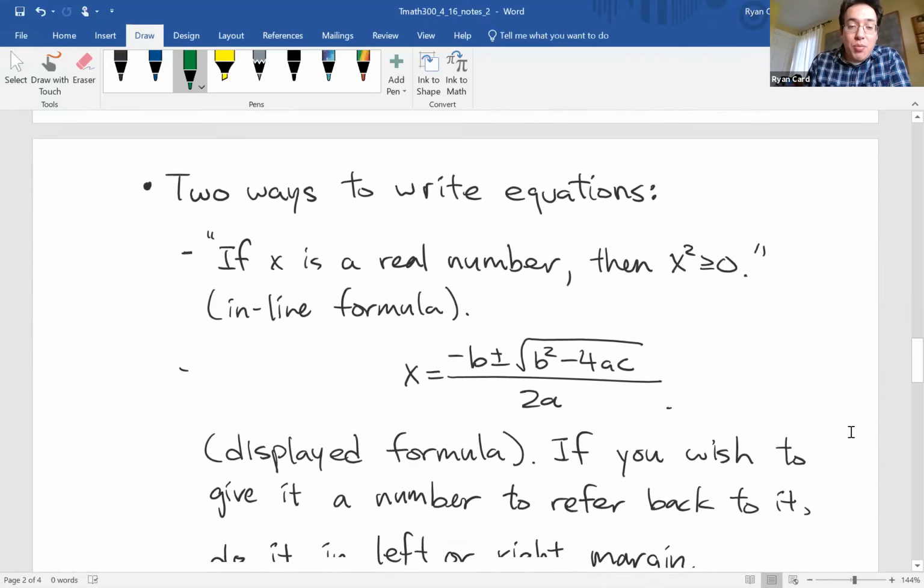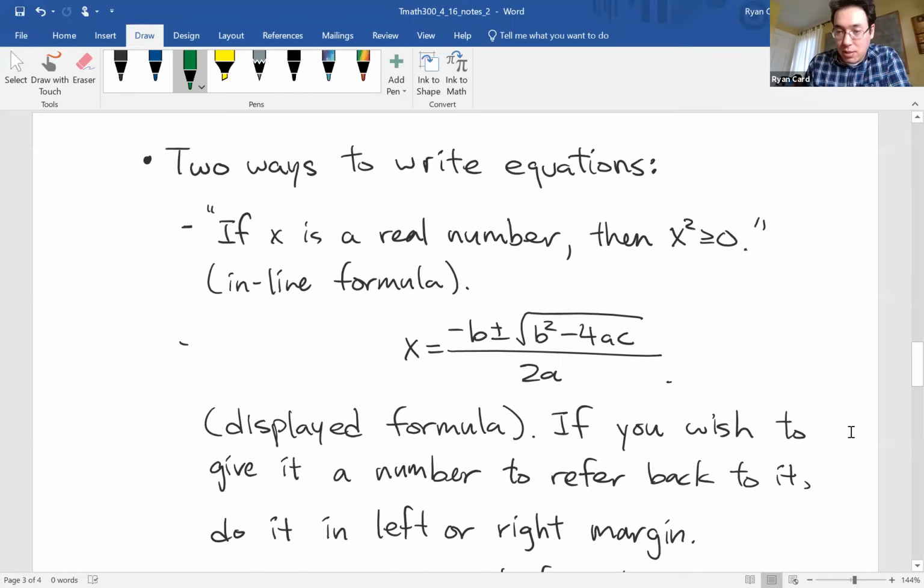There are two main ways to write down equations when you type them out on paper. One is called inline formula. That's when you write down equations or inequalities within the line that you're typing out. So if x is a real number, then x squared is greater than or equal to 0.